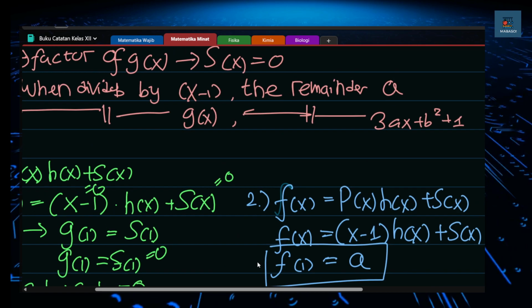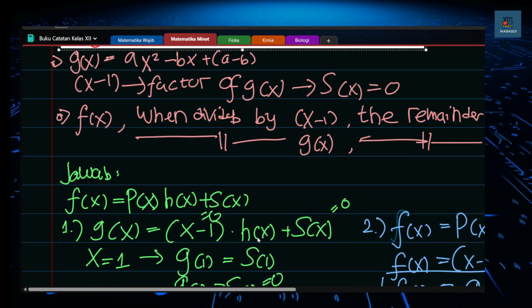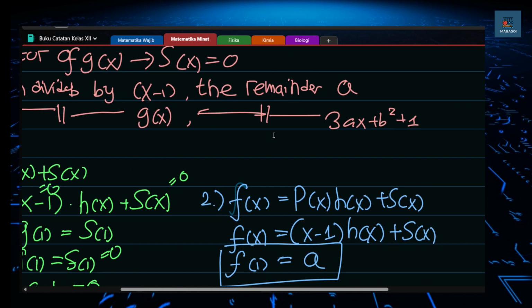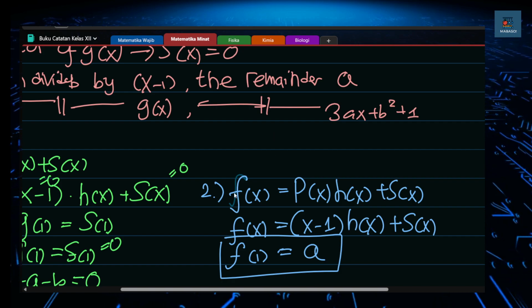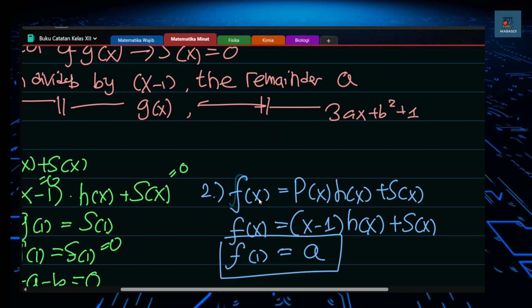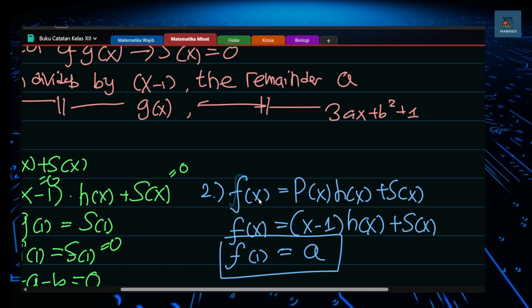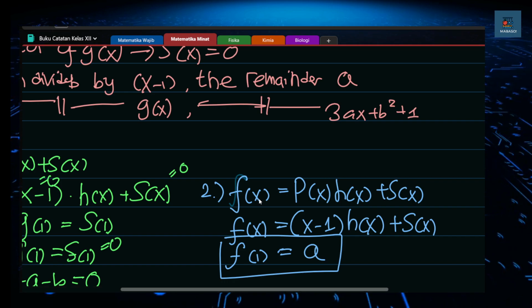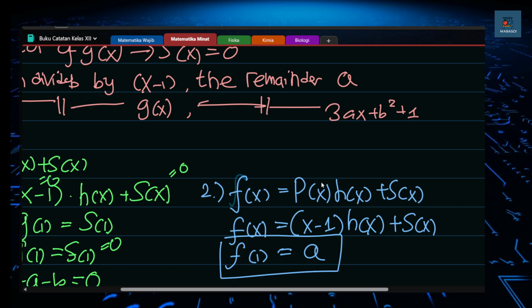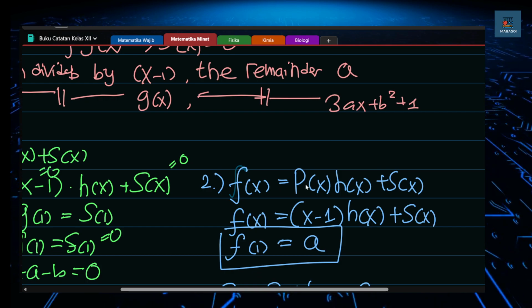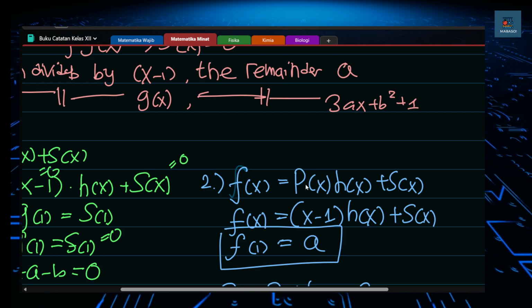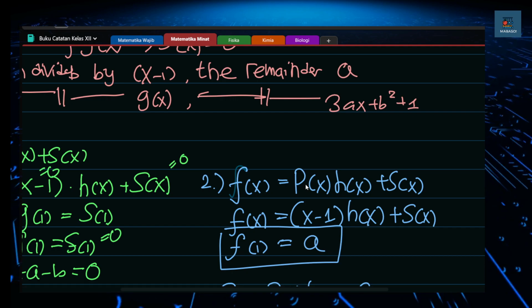Let us start with x minus 1. Again, we could use f(x) equal to p(x)h(x) plus s(x), and I'll replace the divisor with x minus 1.